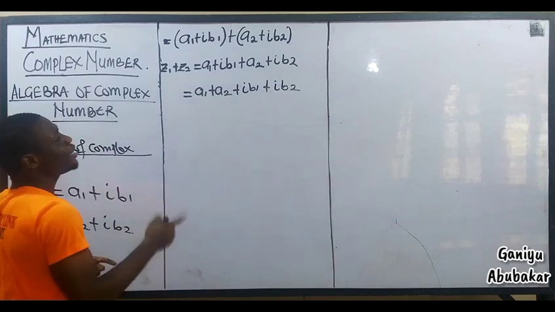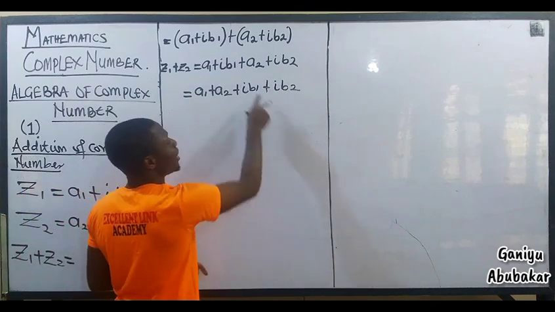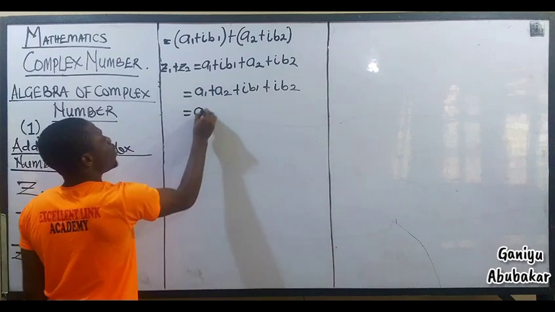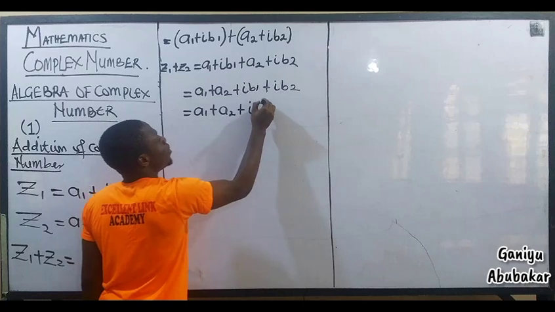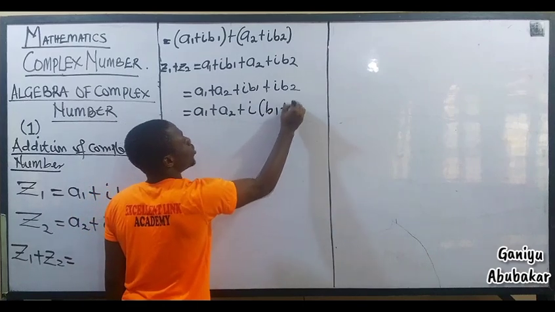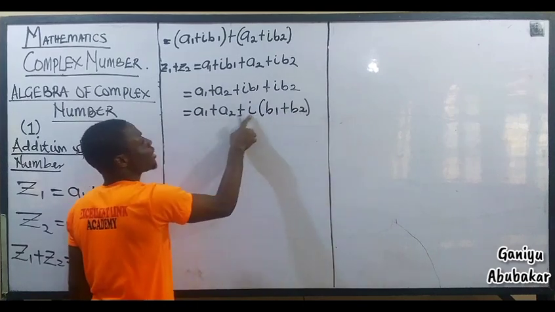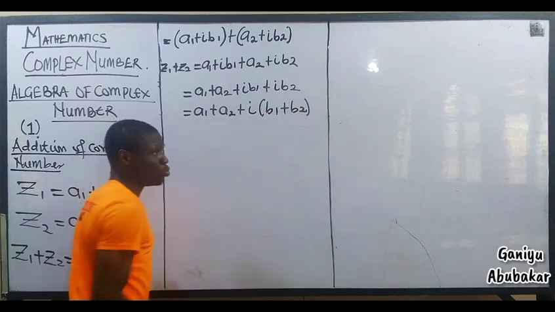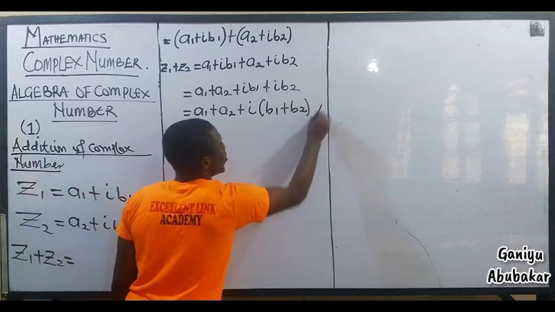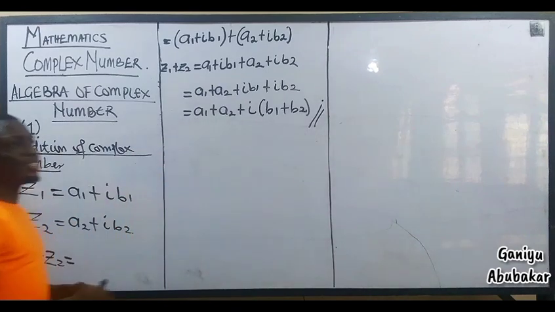I'll factorize i outside, and I'll have a1 plus a2 plus i into b1 plus b2. Of course, this is how to add complex numbers.